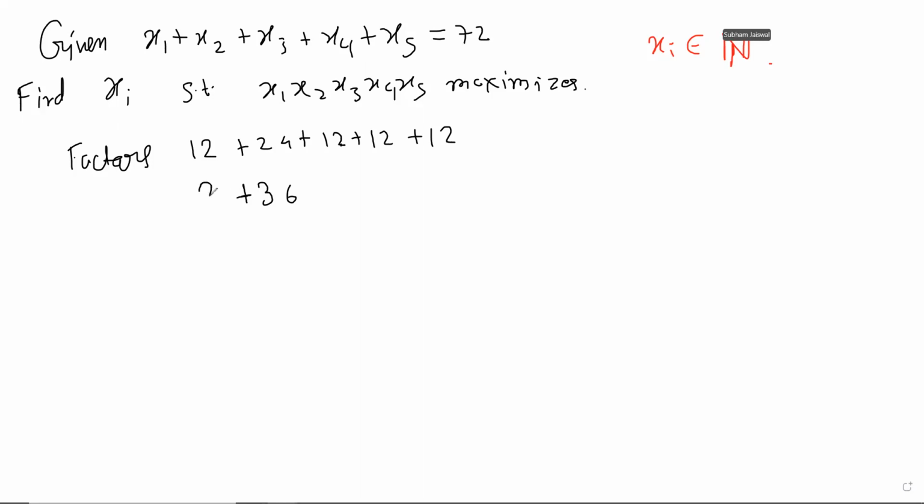So if we actually do that, it becomes 9, 9, 9, right? So then what do you get? You are basically saying that 12 to the power 4 times 24 is bigger, actually much bigger, than 9 to the power 4, is what you're saying.